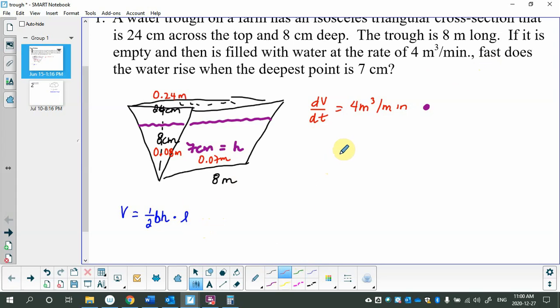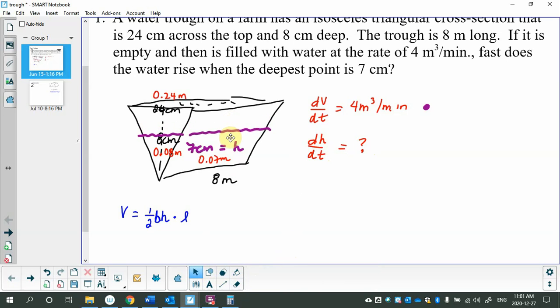It says if it is empty and then filled with water at a rate of 4 meters cubed per minute, how fast does the water rise? So water rising is its height. So there we go. So let's think about the water level.